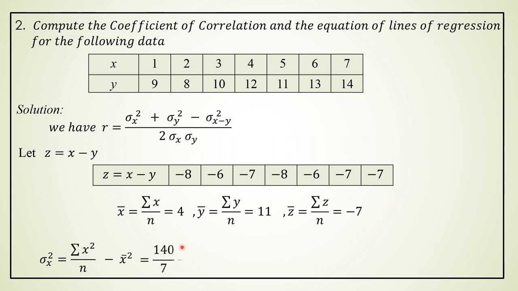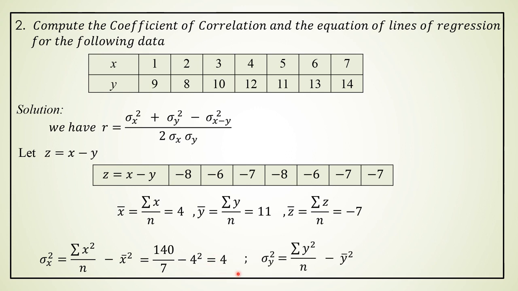So the summation of the squares of x is 140, divided by 7 minus 4 square, which is equal to 4.